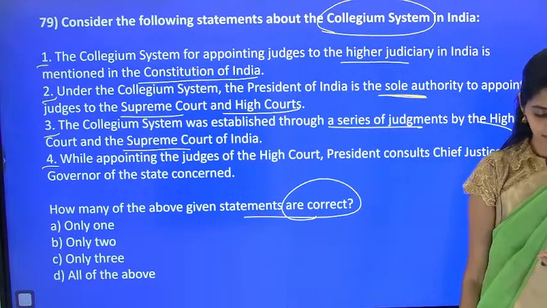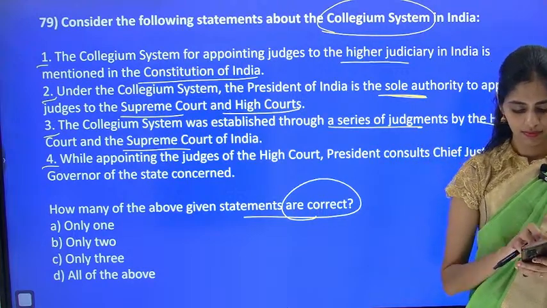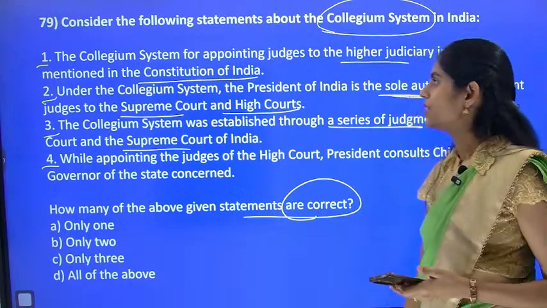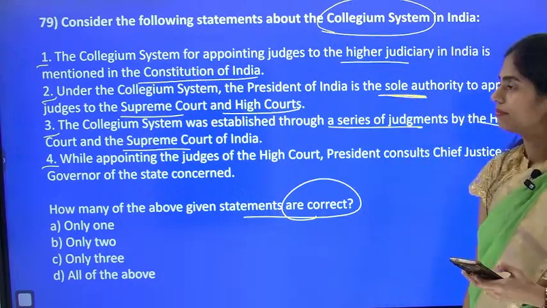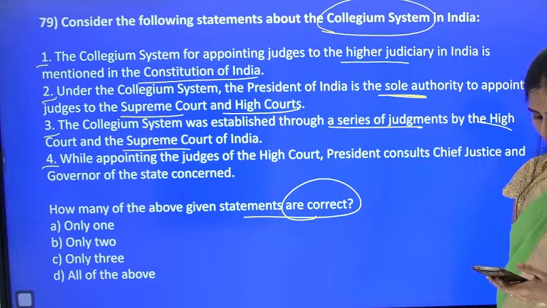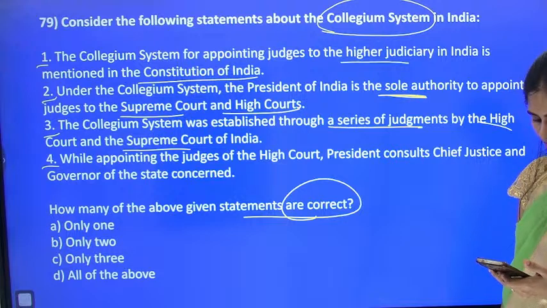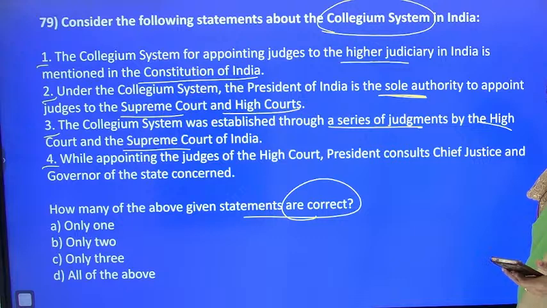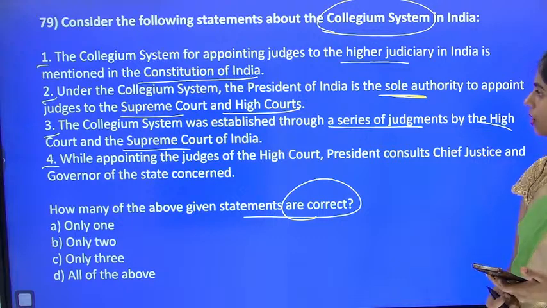Come on. Which statement do you find odd? Option B, 2 pairs. Okay, Nawaz. So which is correct? Only 2 statements.